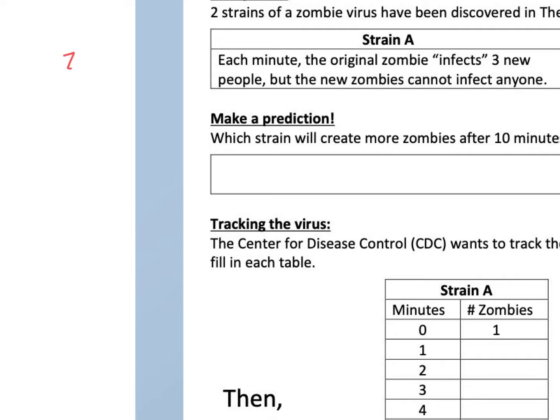We have zombie number 1, we'll call it the OZ, the original zombie. It's going to infect 1, 2, 3 people. Now those 3 people cannot infect anyone else, but this OZ can infect 3 more people, and so on. So that's what strain A is going to look like.